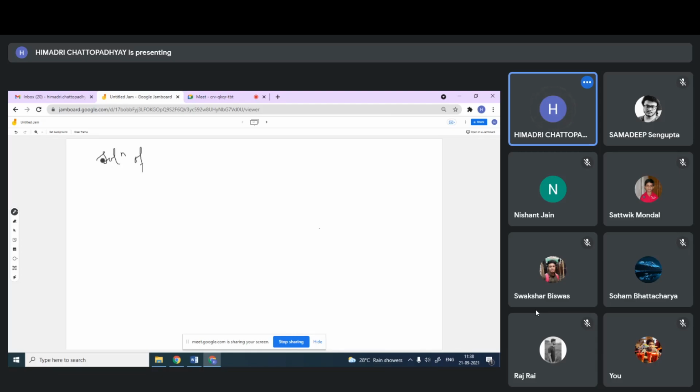Solution of simultaneous linear equations. So it's like this: a11 x1 plus a12 x2 plus a13 x3 is equal to b1. Okay.